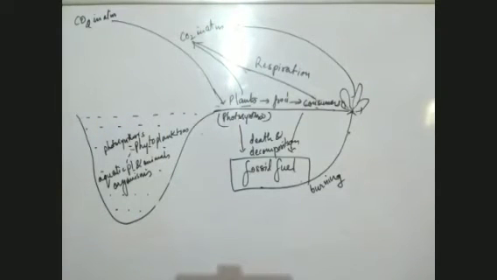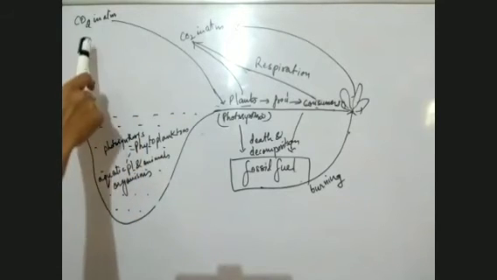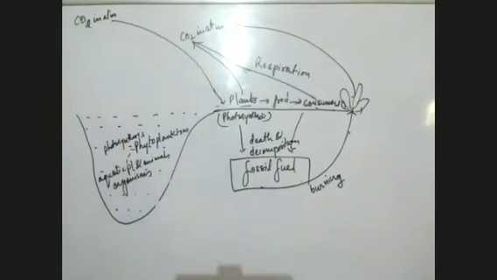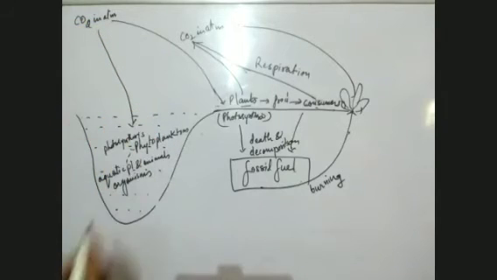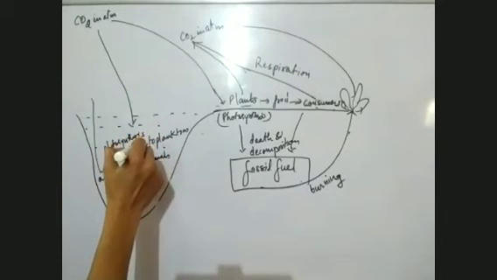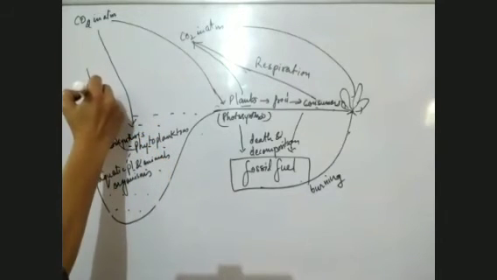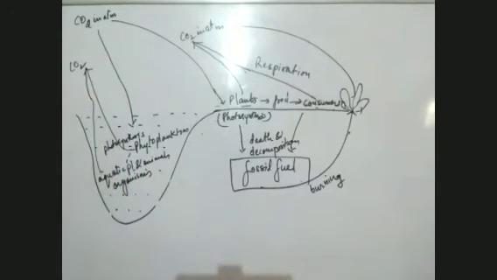So this way also CO2 is released in the atmosphere, and the amount of CO2 released, a lot of it is used by the plants for photosynthesis, also by the phytoplanktons and some aquatic plants. Now these aquatic organisms and phytoplanktons also respire, and because of their respiration, again the CO2 is released in the atmosphere.